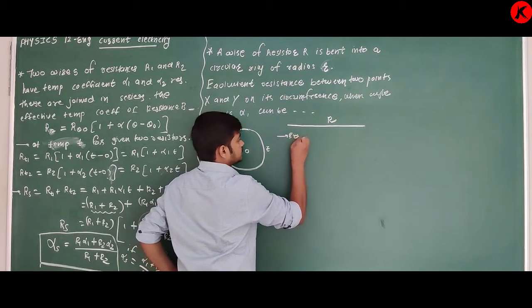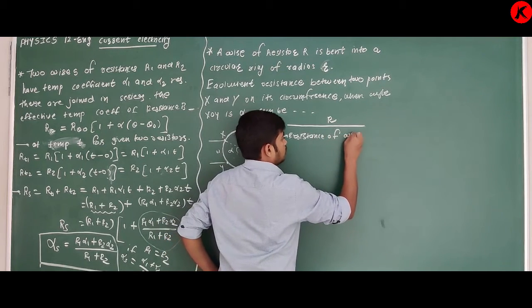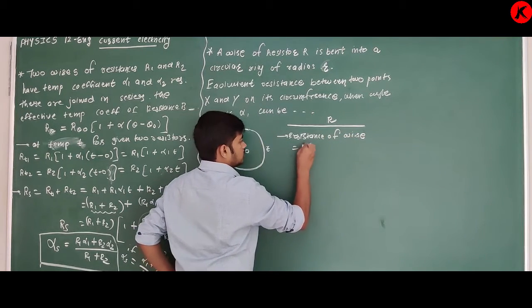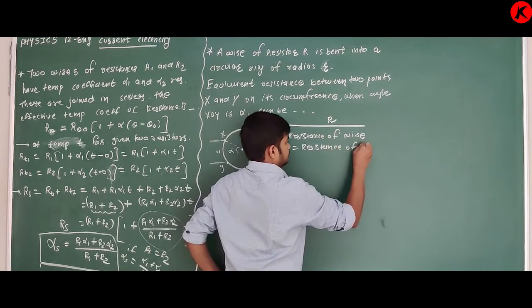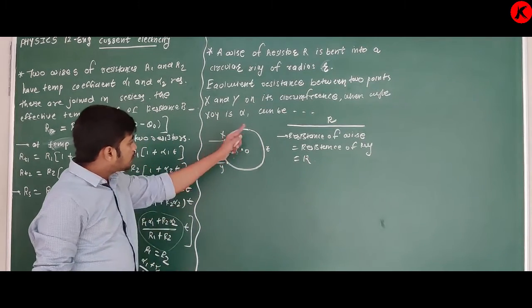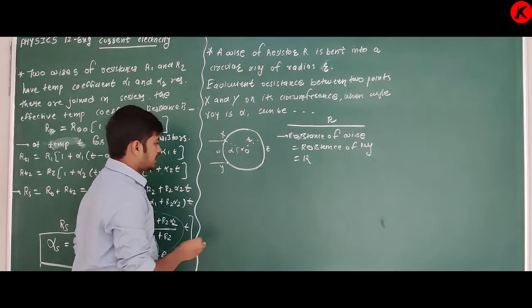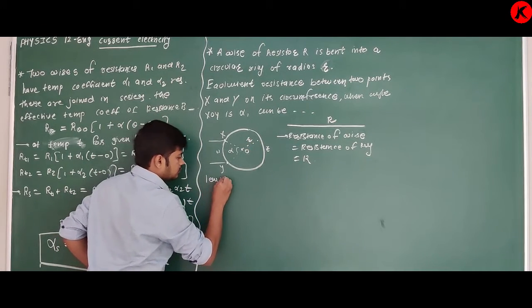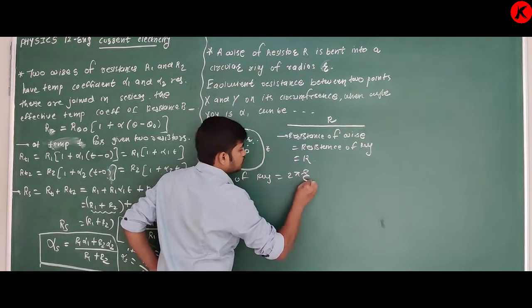The resistance of the wire is equal to the resistance of the ring, which is R. Now, what is the length of the ring? If its radius is r, the length of the ring is 2 pi r.